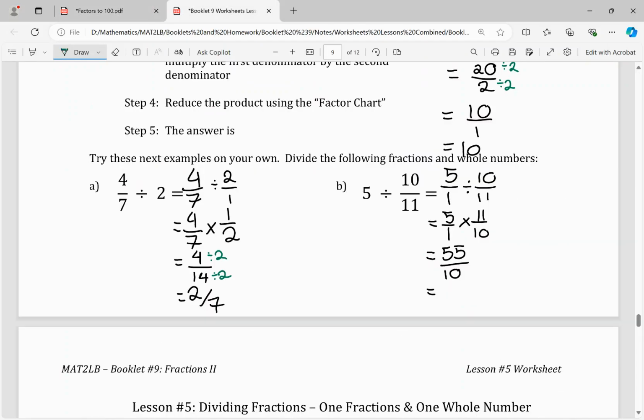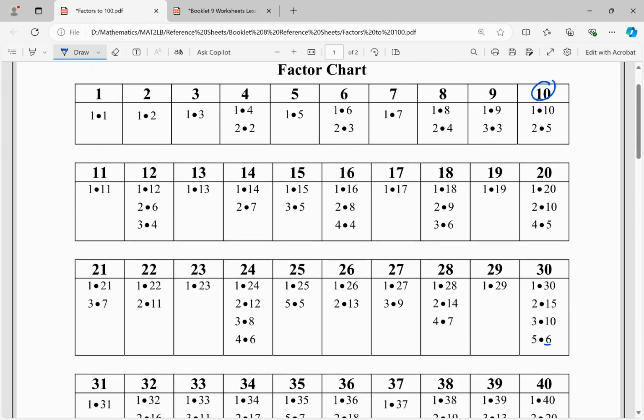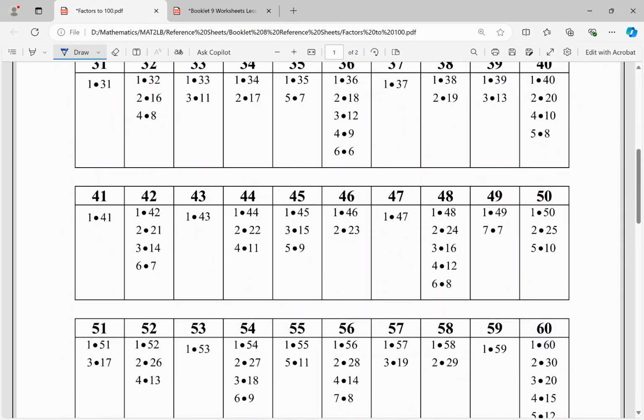And finally, we are going to see if we can simplify, see if we can reduce this fraction. Our two numbers are 55 and 10, so we're going to look for that on our chart. Here is 10. Here is 55.